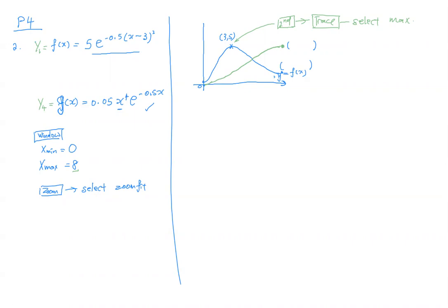You get me? So this is Y equal to GX. When you have two graphs together, you have to know which one is GX, which one is FX. I'm just letting you practice how to sketch the graph.